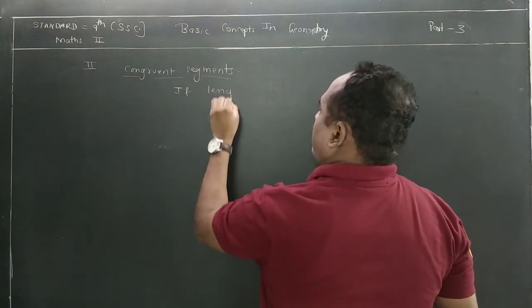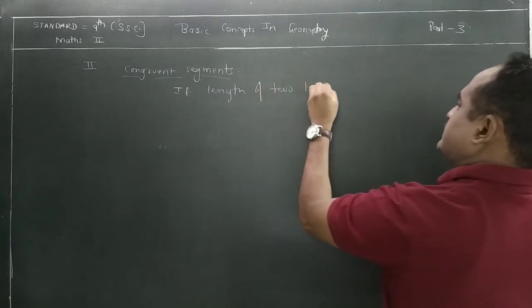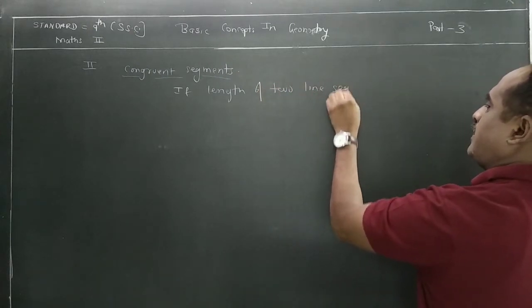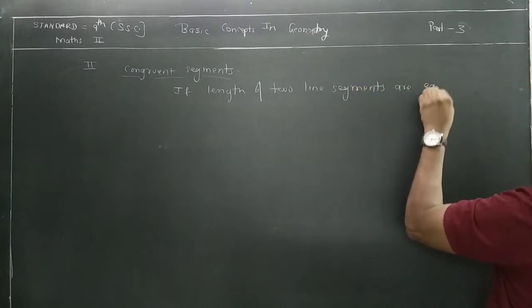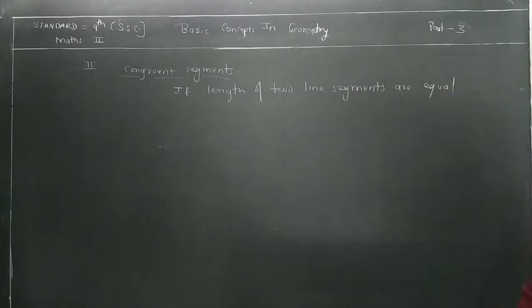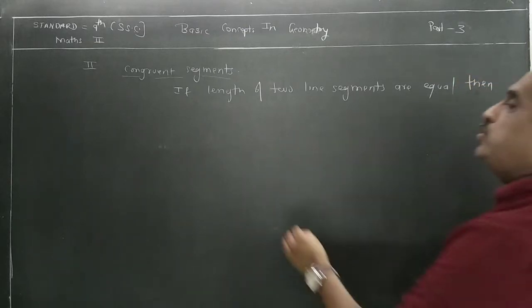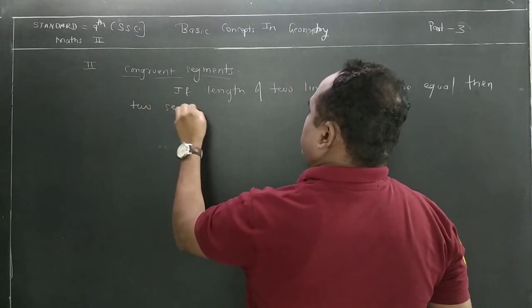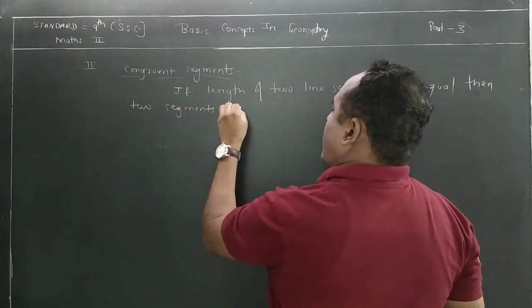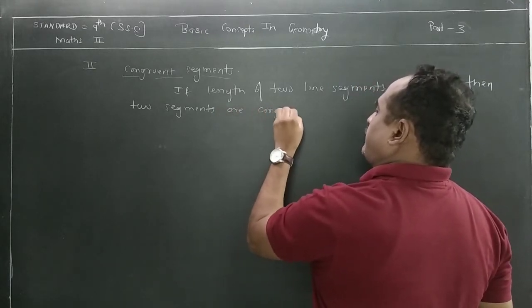In this, if the lengths of two line segments are equal, then two segments are congruent to each other.